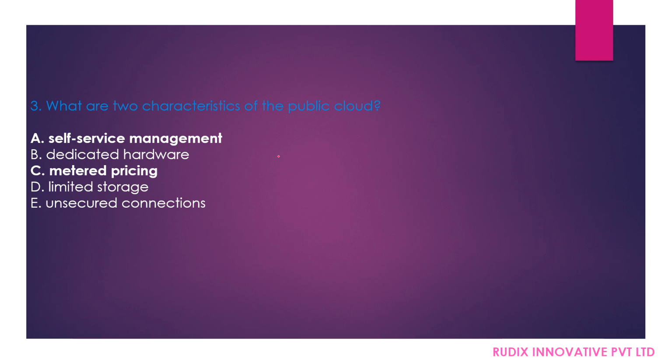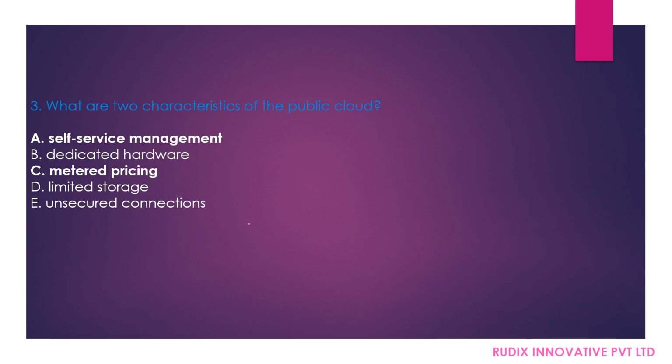What are the two characteristics of the public cloud? A. Self-service management. B. Dedicated hardware. C. Metered pricing. D. Limited storage. E. Unsecured connection. So, let us discuss option A, self-service management.